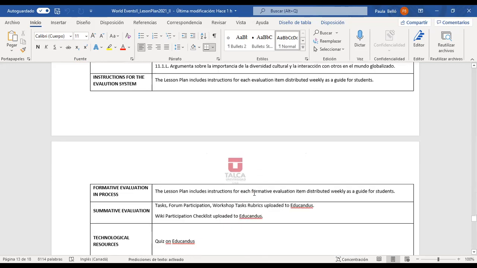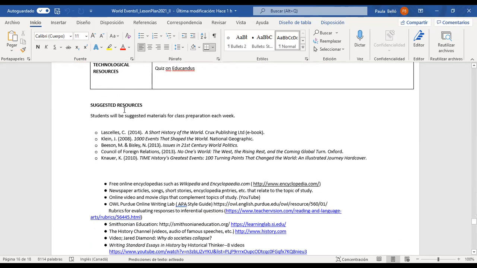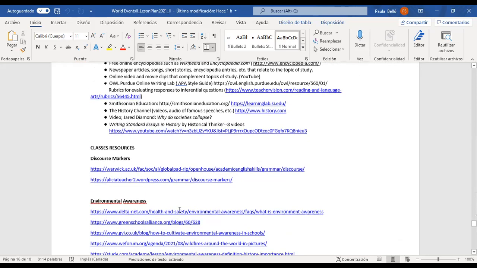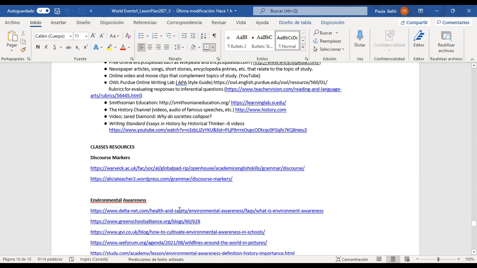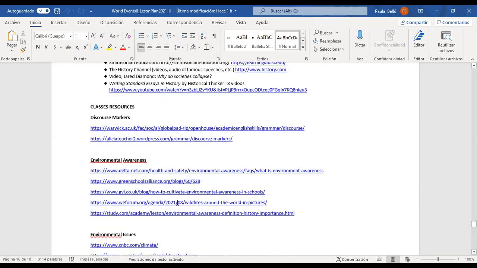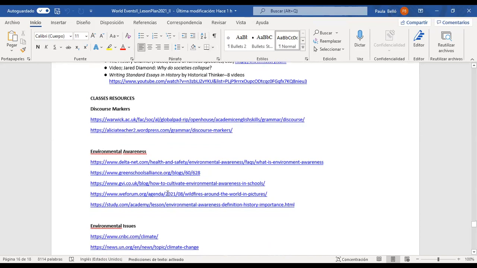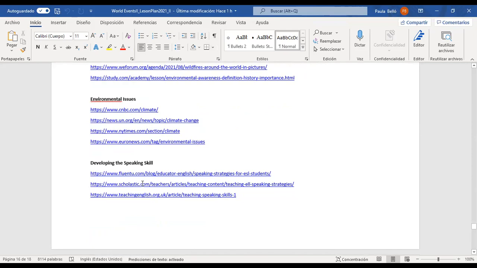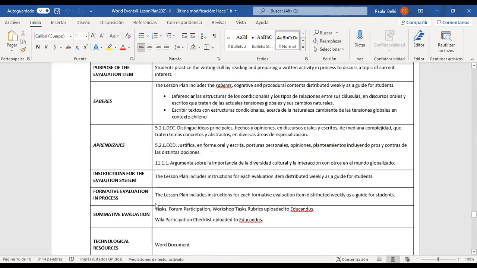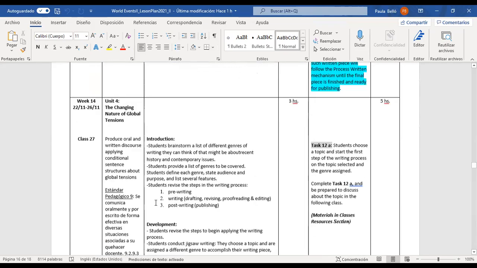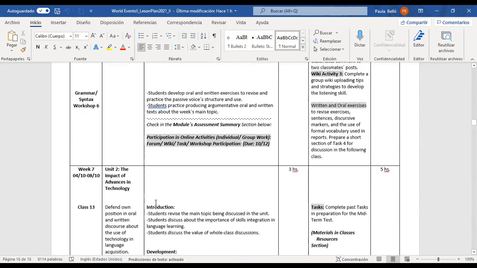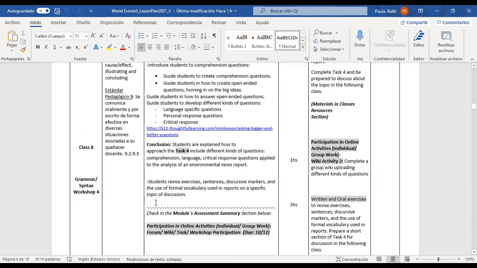Here in suggested resources, you have more information that you will be checking whenever you have something to look for: in environmental awareness, you have the links; environmental issues, you have the links; speaking skill, you have the links. So whenever we are talking about those topics, apart from the tasks that I give you, you have those links to help you find more information.